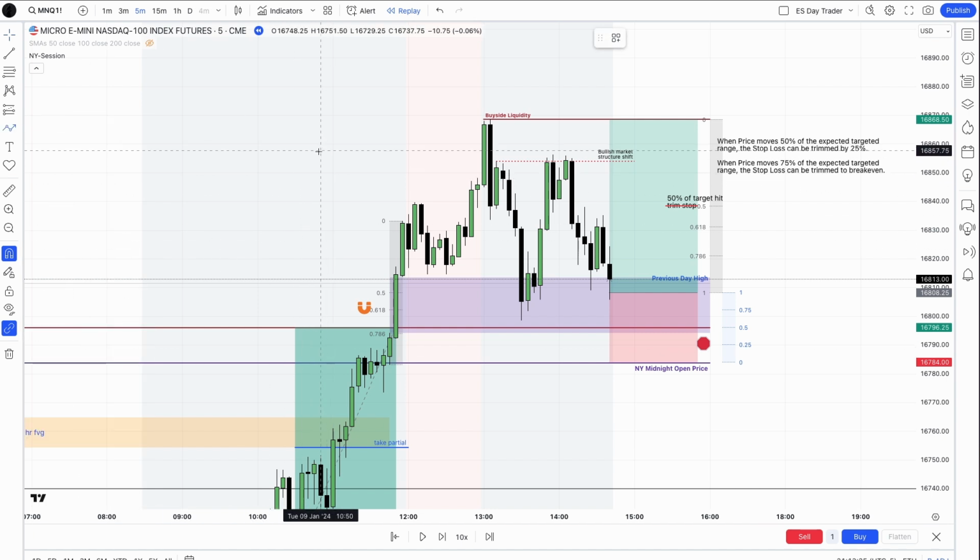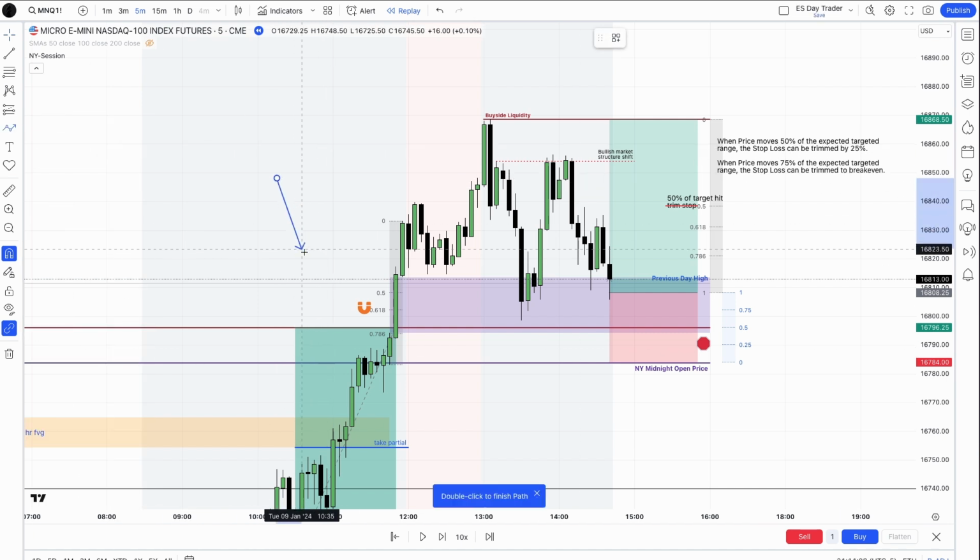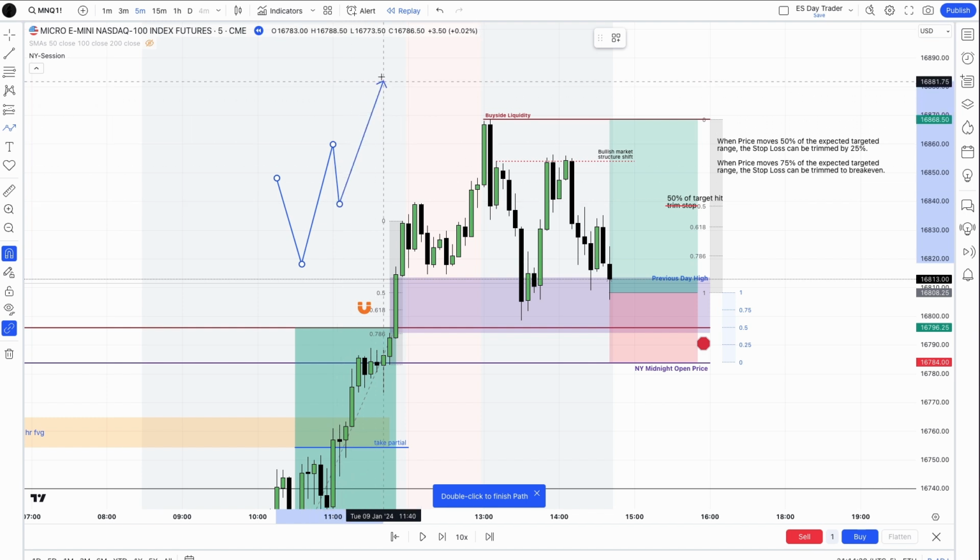The path we want to see, the move down, move up, that takes out an old high, move back into a fair value gap that was formed, and then a continuation upwards.